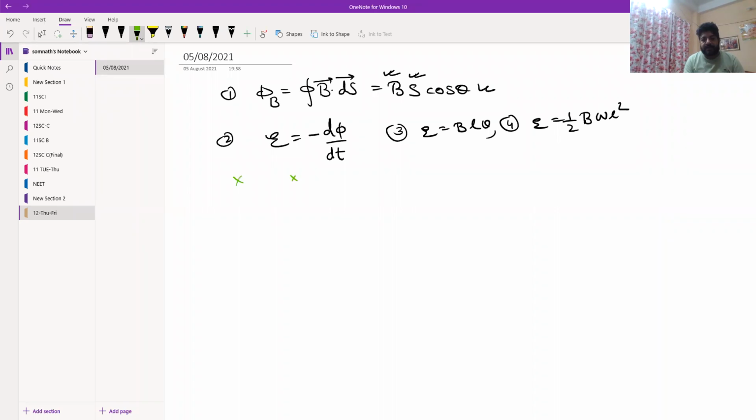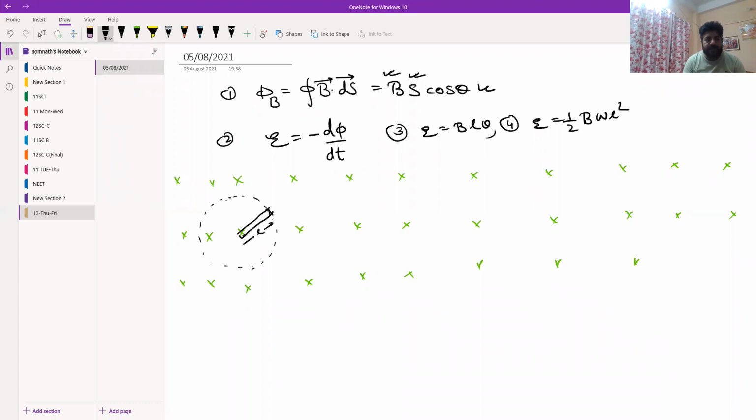We know from the last class, in presence of a magnetic field, if we introduce a rod whose length is L, moving with angular velocity omega, this is the one thing.